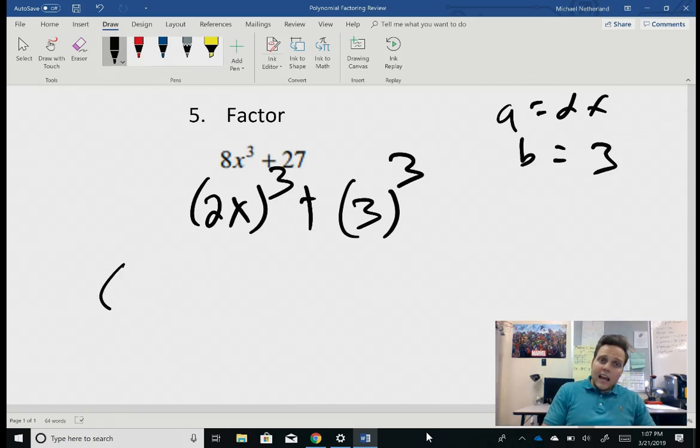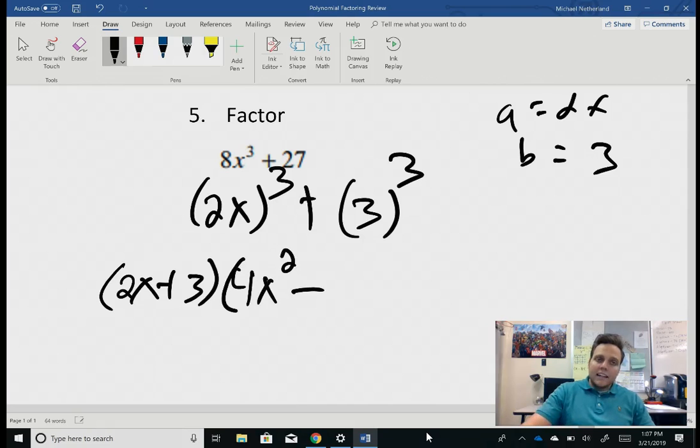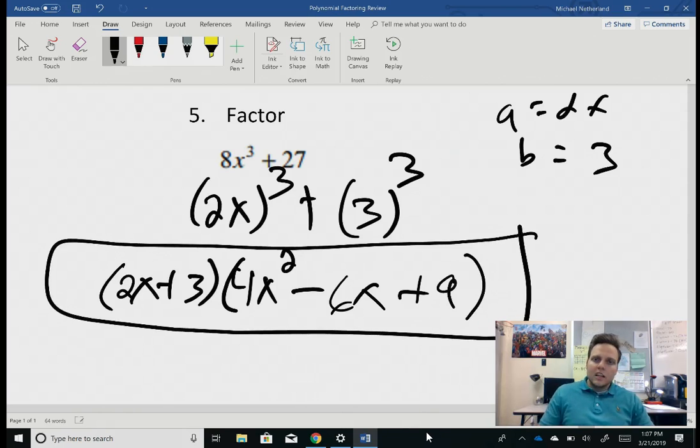Therefore, the a plus b part would be 2x plus 3. a squared: if I took 2x and squared it, I would get 4x squared, minus a times b, so that's 2x times 3, which is 6x, plus b squared, so 3 squared, that's 9. And there we go.